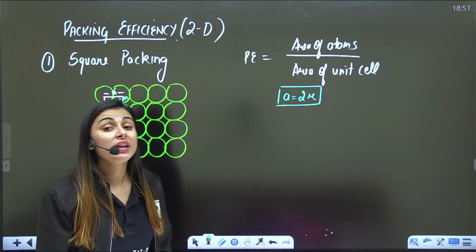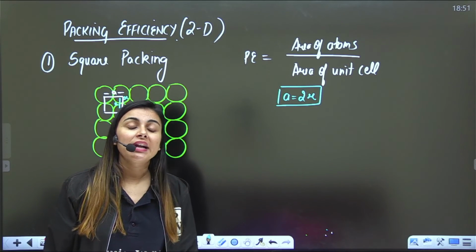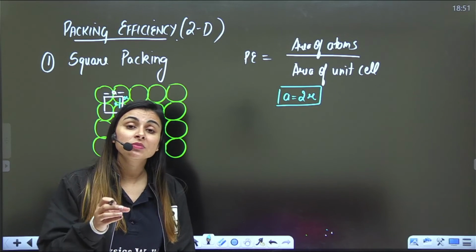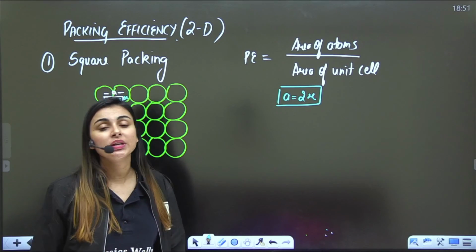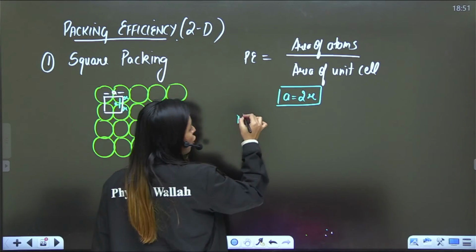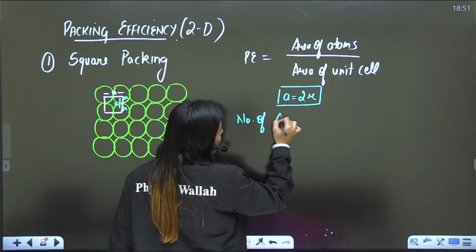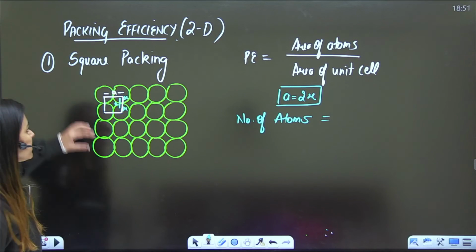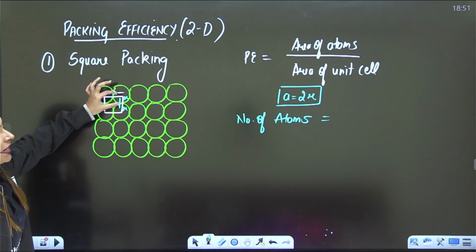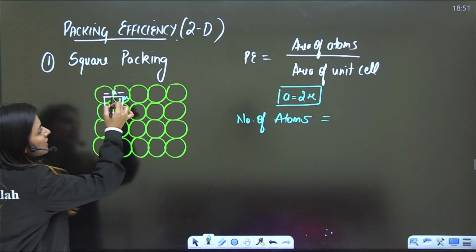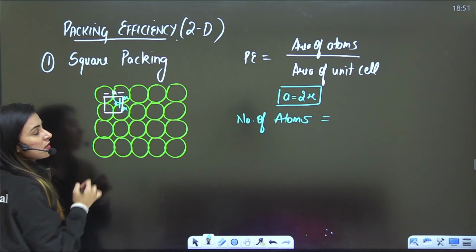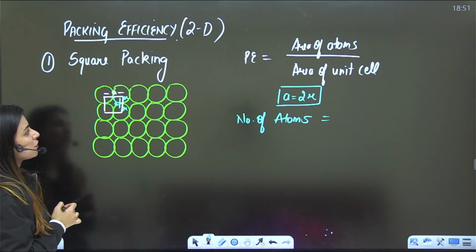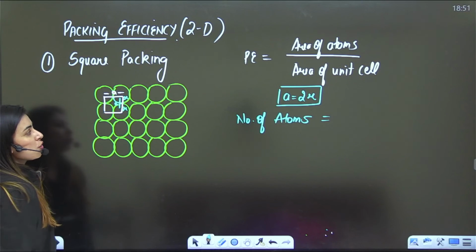Okay, now I need to find out the rank, that is how many atoms are actually present in a unit cell. So the number of atoms will be, let's see what is the contribution of one atom in a unit cell. This is 1/4 part of the sphere which is present at the corner of the cell, right?